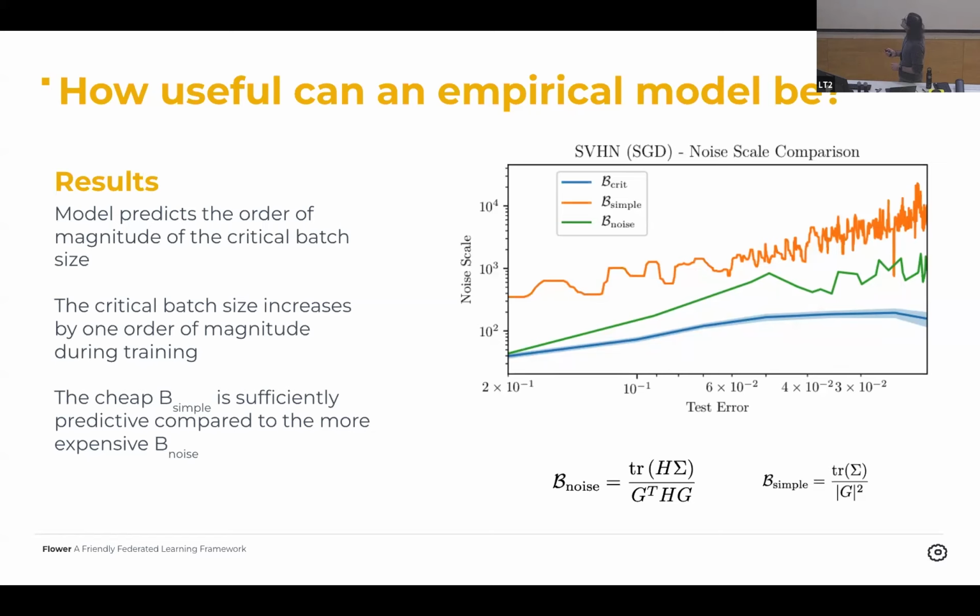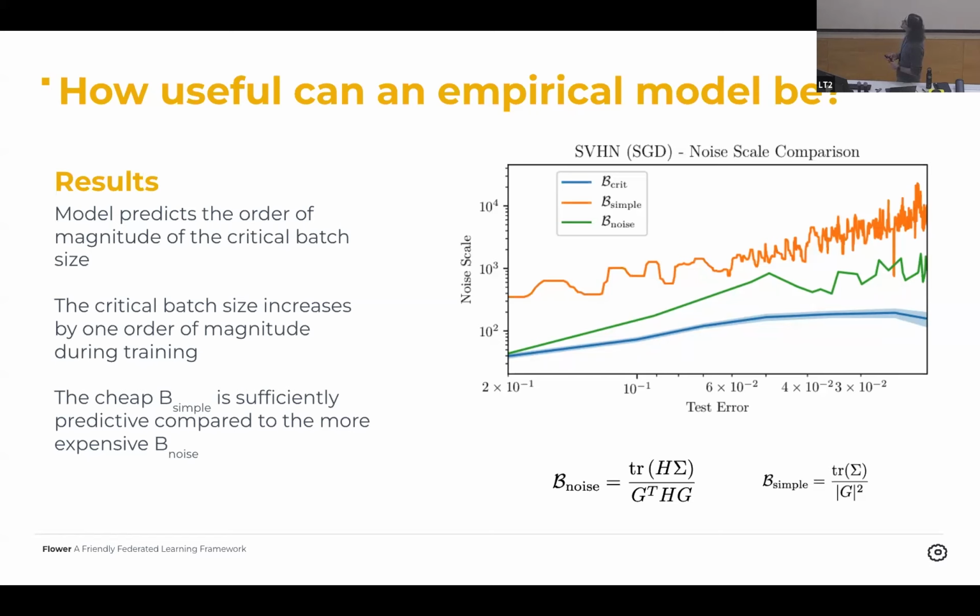So their main objective was first understanding if this B noise that they came up with was sufficiently good, and if the B simple was a sufficient simplification or approximation of what the B noise represents.